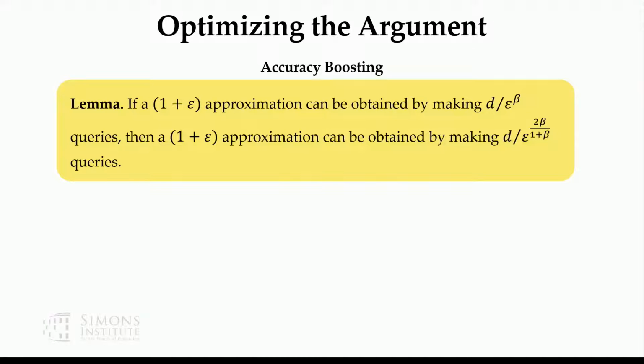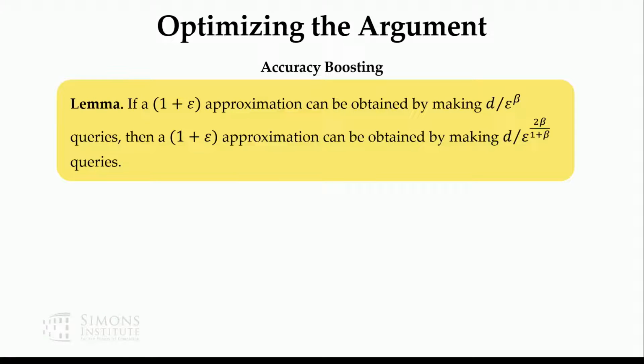If a 1 plus epsilon approximation can be obtained by making d over epsilon to the beta queries, then a 1 plus epsilon approximation can be obtained by making d over epsilon to the 2 beta over 1 plus beta queries. It's saying that if you had enough samples to get this 1 plus epsilon approximation, then the solution vector you had is close to the optimal solution, which gives an improved chaining, which means you could have used this number of samples.